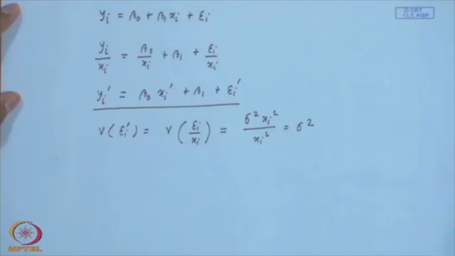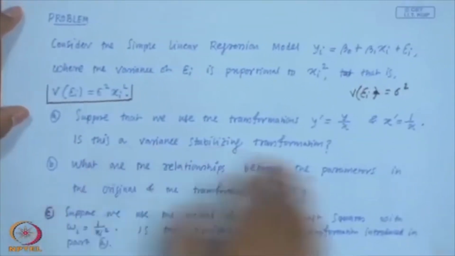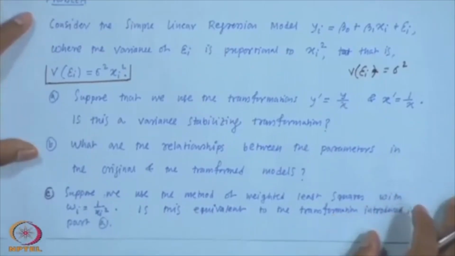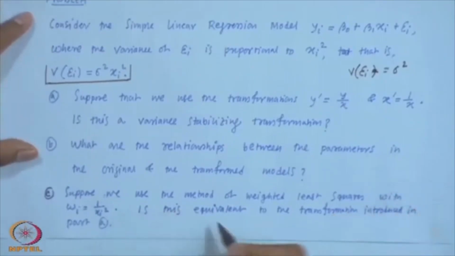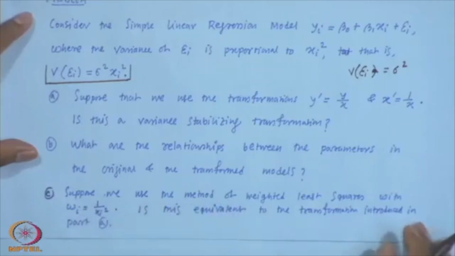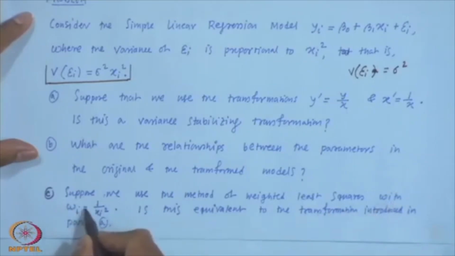So, the next problem is that suppose we use the method of weighted least square with w_i equal to 1 by x_i squared.